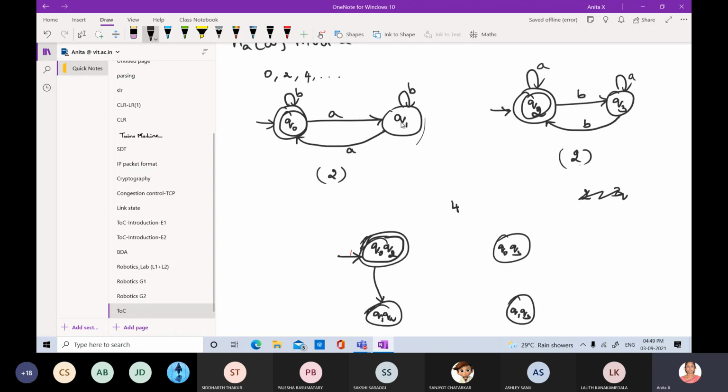Similarly, from Q1 on input symbol A, I have a transition to Q0. For input symbol A, the transition is from Q1 to Q0.